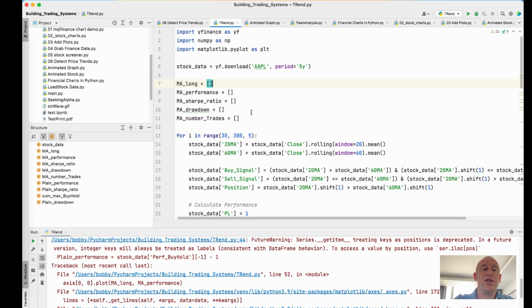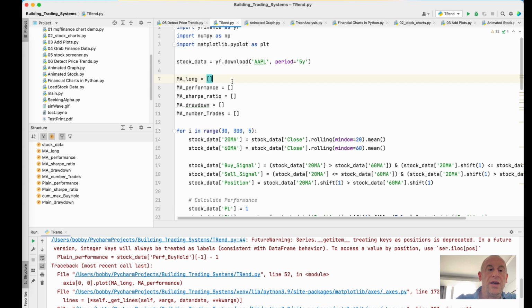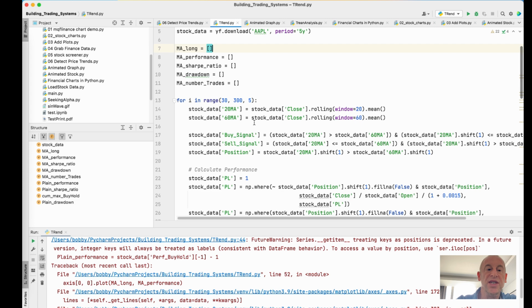Here you see the code. I load the Apple stock for the previous 5 years and then I have a double moving average. My short line is 20 days and my longer line is 60 days. If the 20-day moving average is above the 60-day moving average, then this is a buy signal.